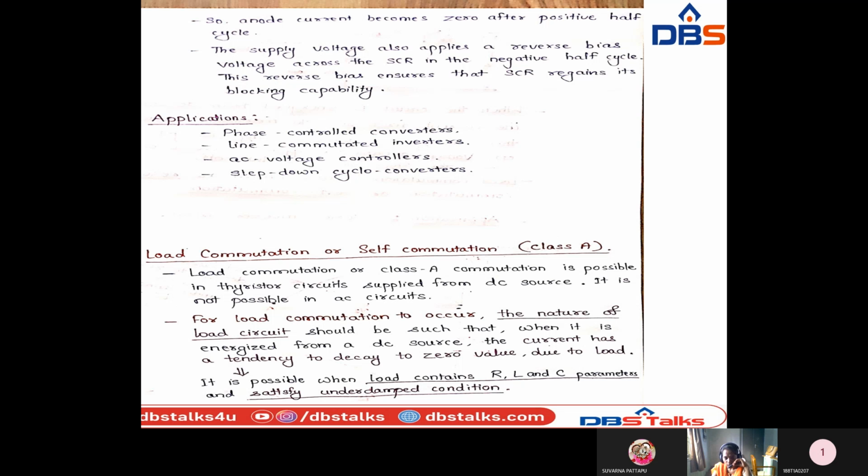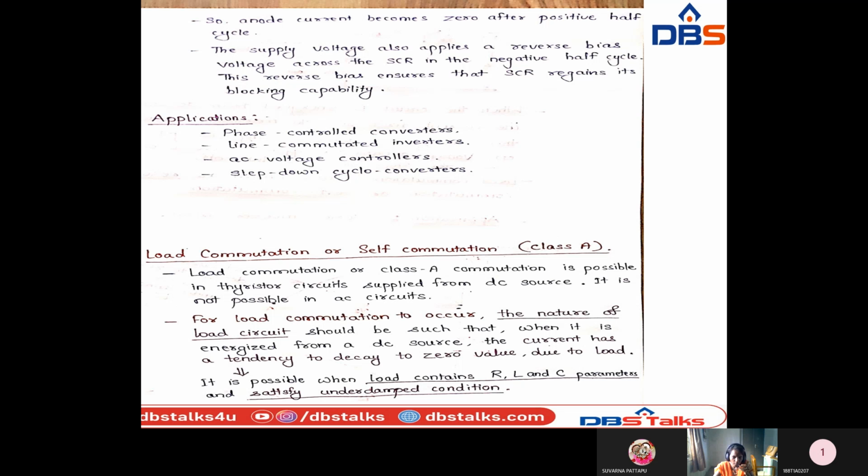Okay. So next, load commutation or self commutation, which is called class A commutation. Load commutation or class A commutation is possible in thyristor circuits supplied from a DC source. It is not possible in an AC circuit. So class A commutation is only possible with a DC source.